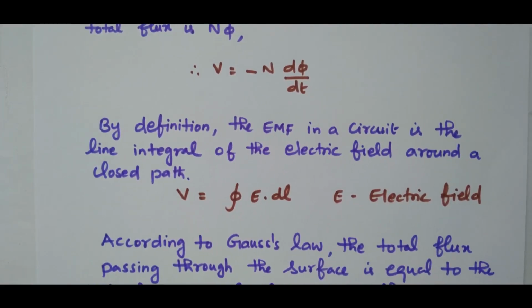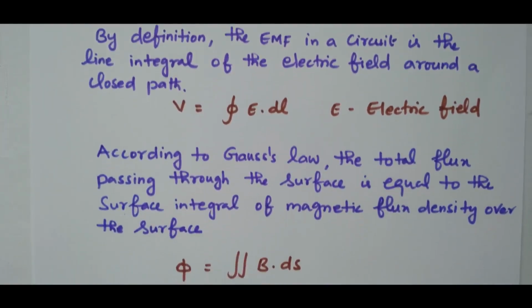By definition, the EMF in a circuit is the line integral of the electric field around a closed path. So the EMF in terms of the electric field is given as V equals integral E dot dl. This is the general form, another form apart from the previous one based on Faraday's law.